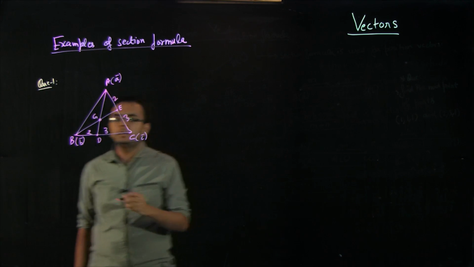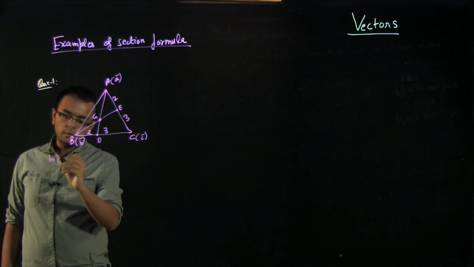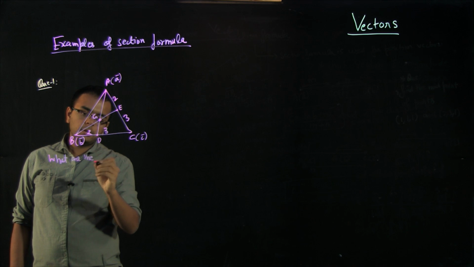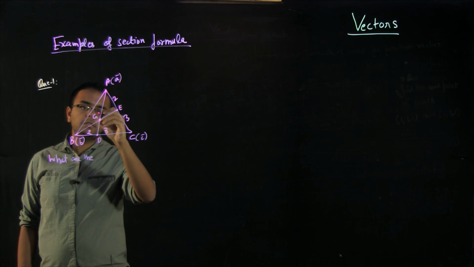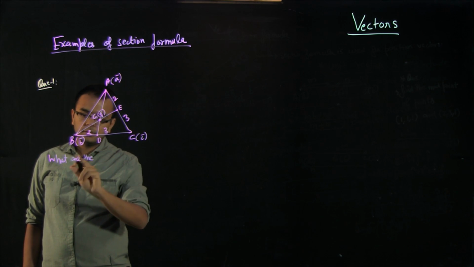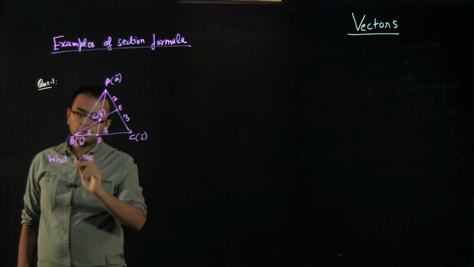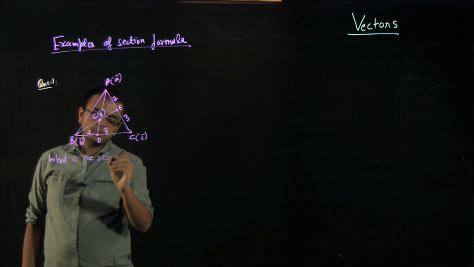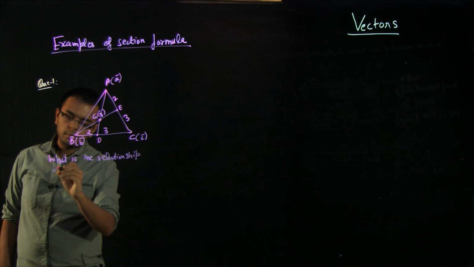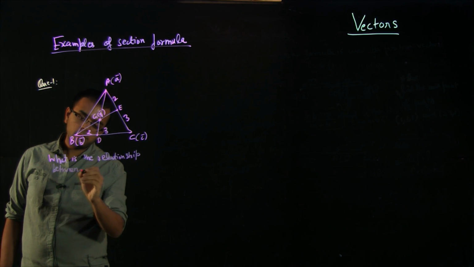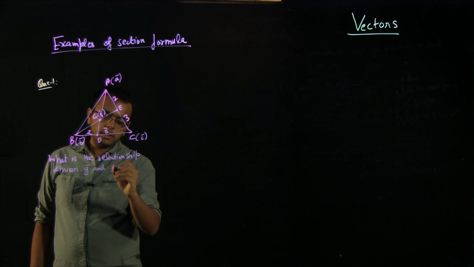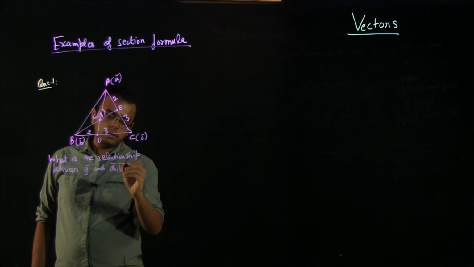And we have been asked to find the relationship, and this G vector is given by small g vector. What is the relationship between G vector and A, B, C vectors?